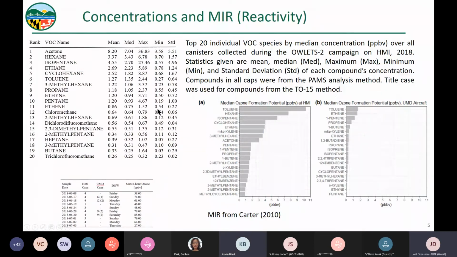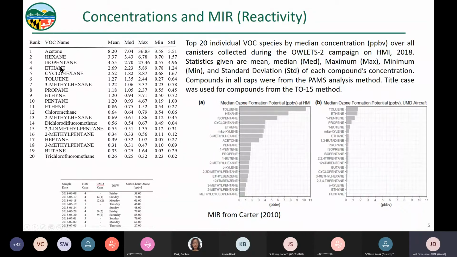Now, the table here is more or less a rehash of the bar graph I showed previously, just showing mean, median, maximum, minimum, and standard deviation for the top 20 compounds. Like we showed on the bar graph, these are ranked by median concentration, but you can see just how much higher, for instance, the gross concentration of acetone was than some of the other evaporative compounds.